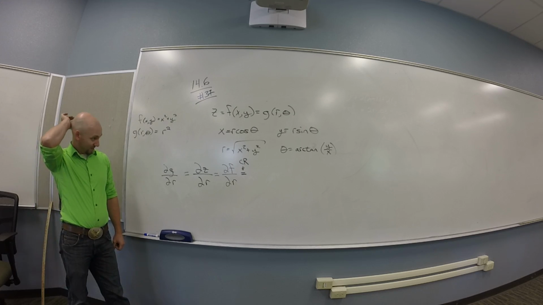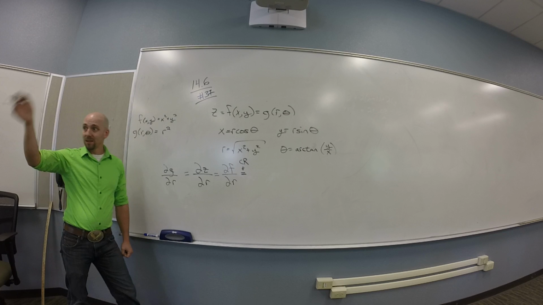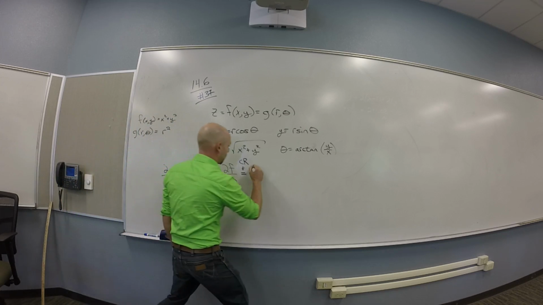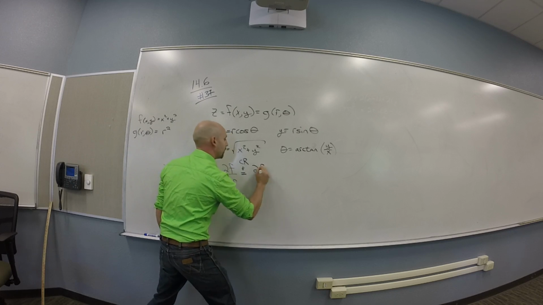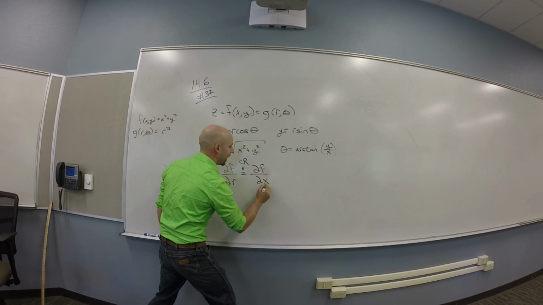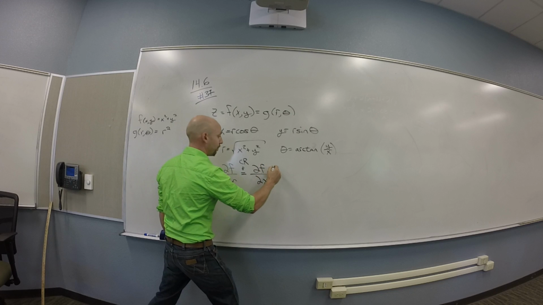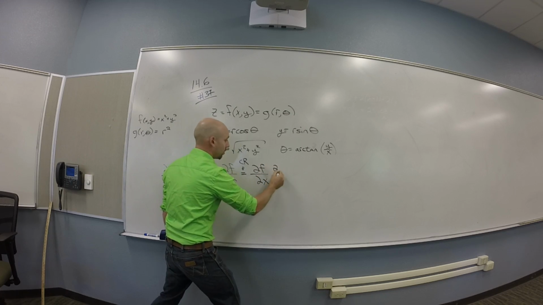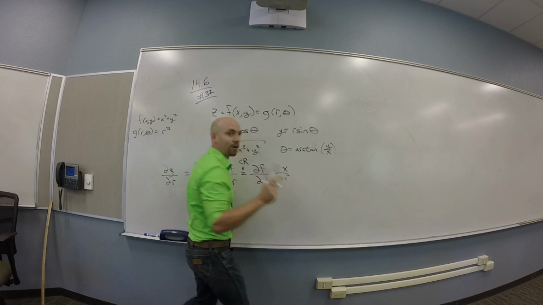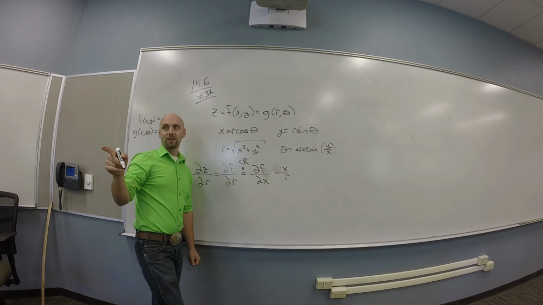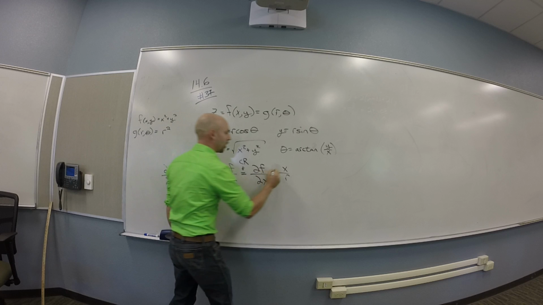What do I need? dx, dr. Well, that's the first part. I need the partial of f with respect to x, and the derivative of x with respect to r. Oh wait, because of the theta, it's a partial. Yeah, and this is definitely a partial.